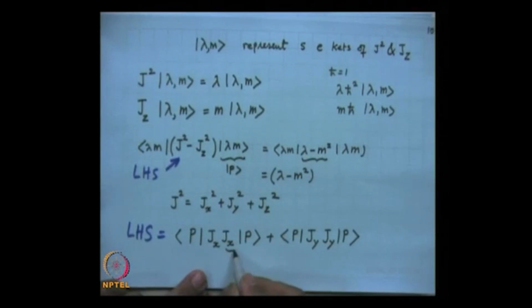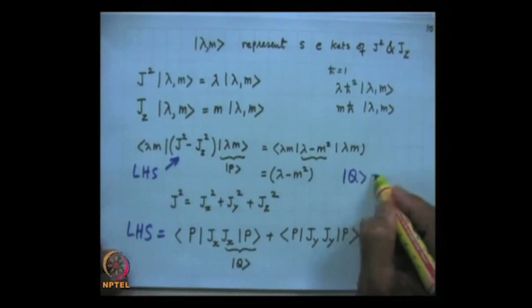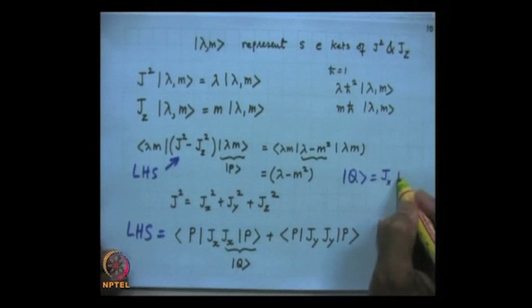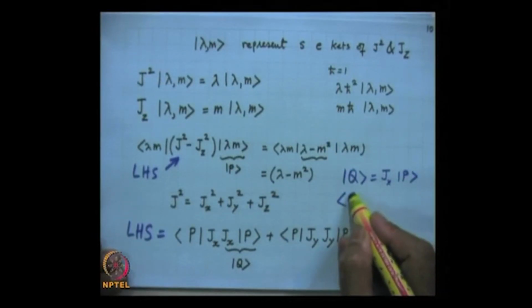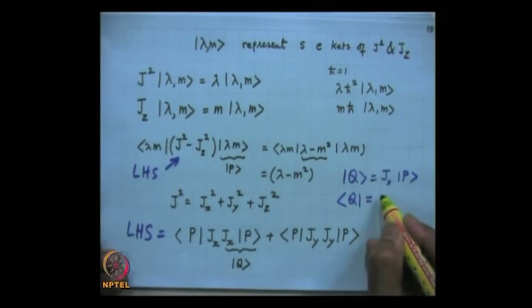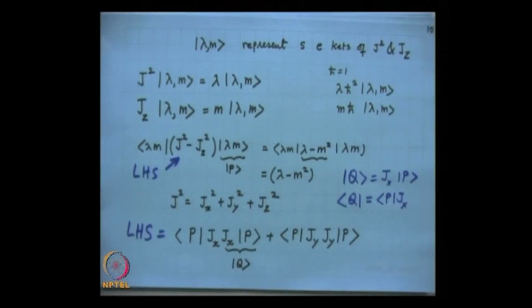Let ket q be defined as jx ket p. So, the conjugate imaginary of that is bra q, this is bra p jx bar, but jx bar is jx because it is an observable.